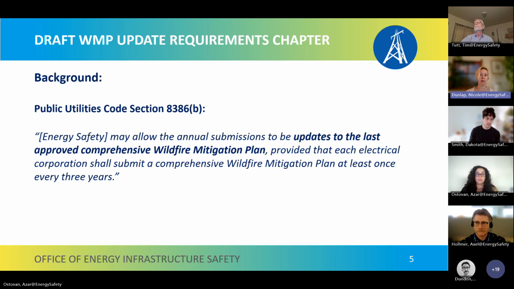Some quick background: Public Utilities Code Section 8386(b) provides that Energy Safety may allow annual WMP submissions to be updates to the last approved comprehensive, also known as a base wildfire mitigation plan.